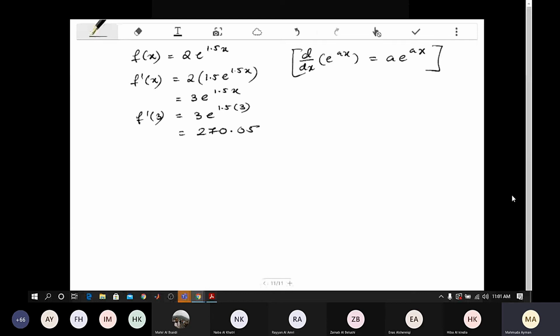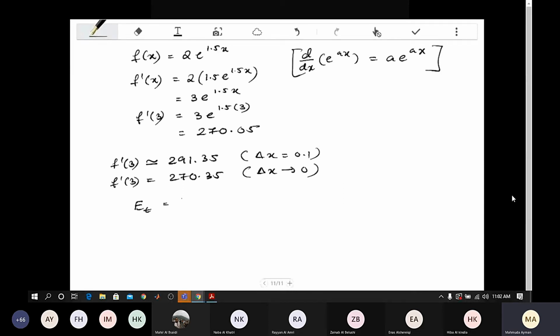So now we saw that for f prime of 3, we got the value approximately as 291.35 when we took delta x as 0.1. And for the same f prime of 3, we got the exact value when delta x is approaching 0. Now we can calculate the true error, which is the true value minus the approximated value.